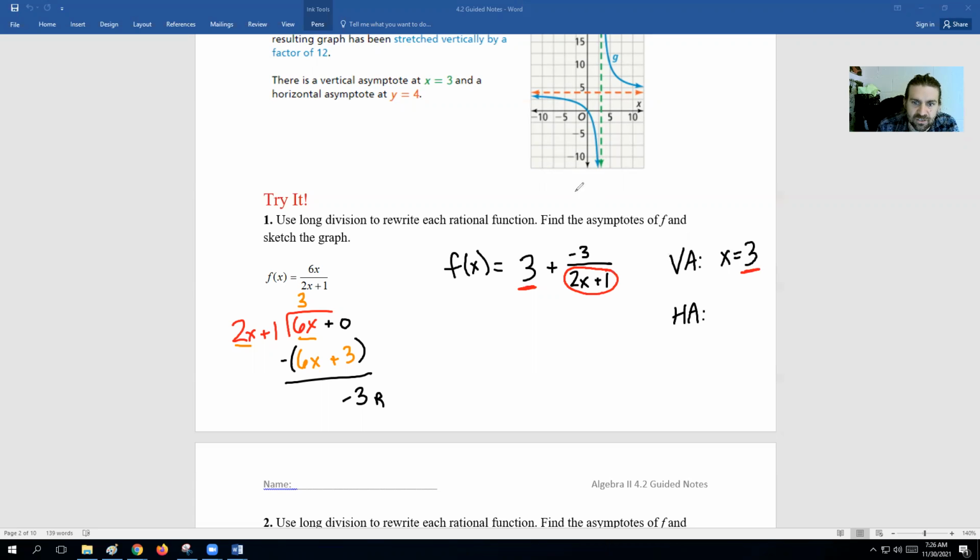Now, normally it is just x minus h in the denominator. So if we wanted to make this a plain old h, we have to divide this by 2, and so we could change this to x plus 1/2. And that means our horizontal asymptote is at y equals negative 1/2.